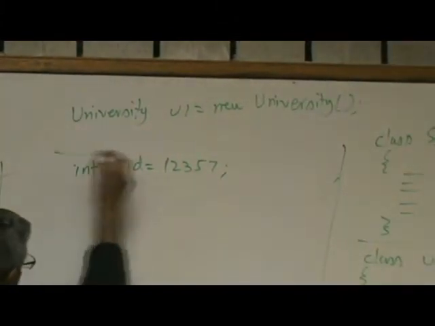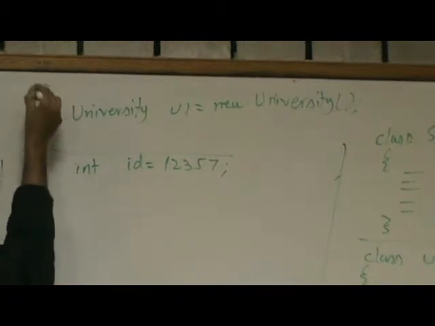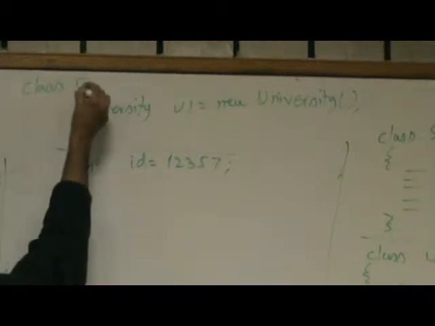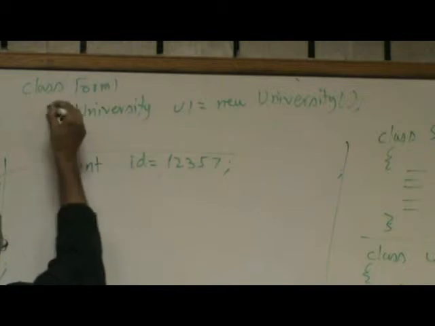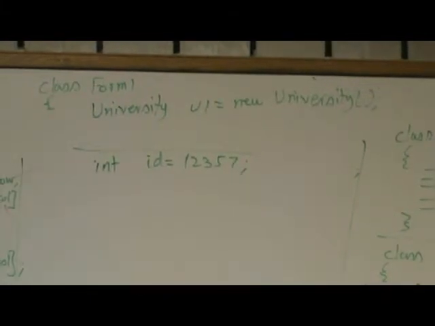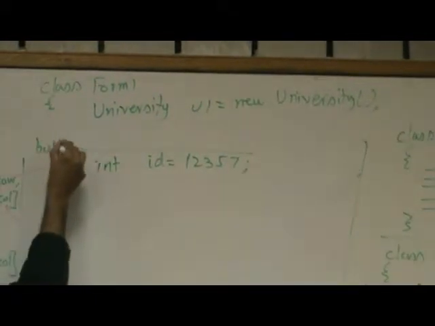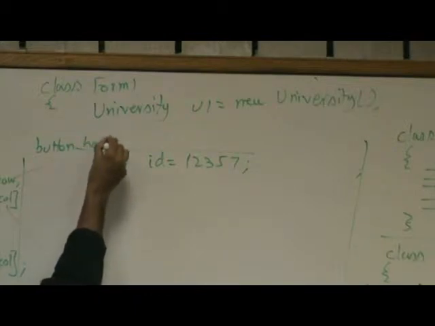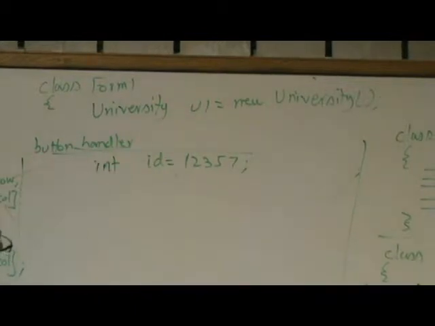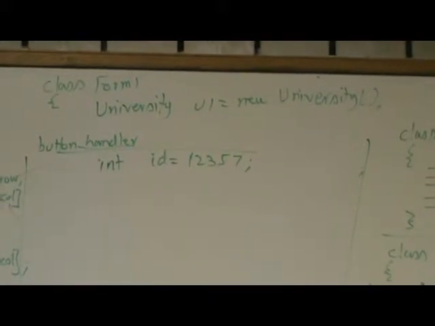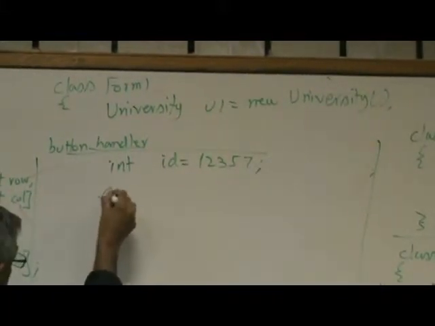Anyway, then in the button handler, so pretend this was somewhere inside of our class Form1. In the button handler where we wanted to do the search, our code will look something like this.